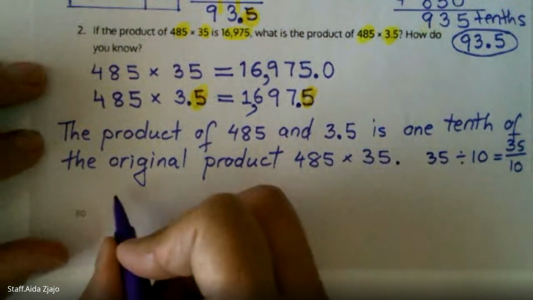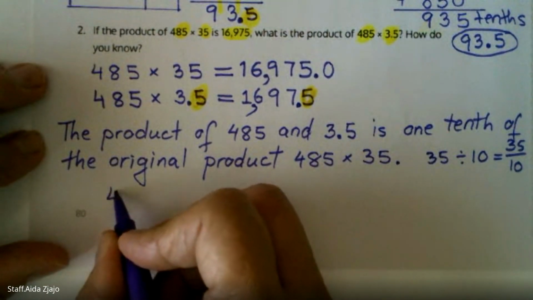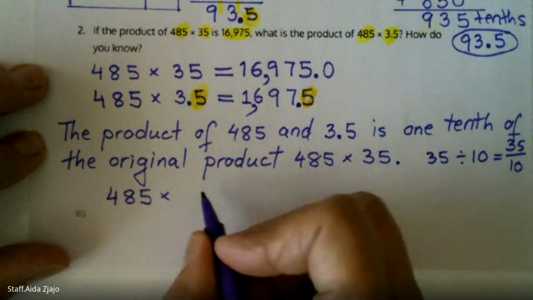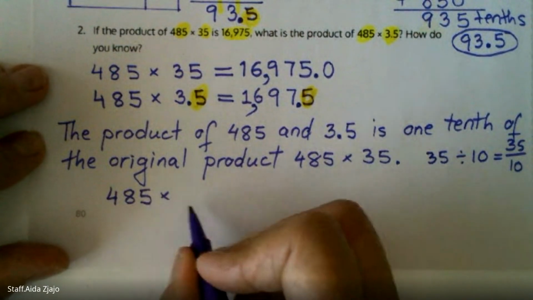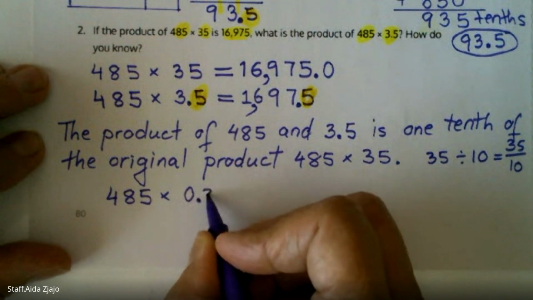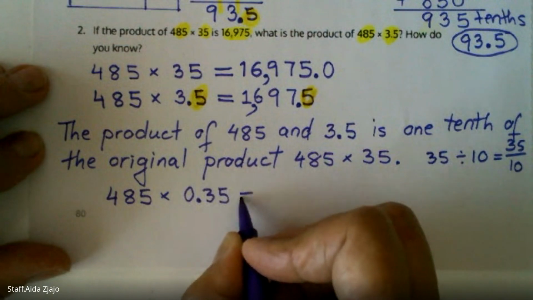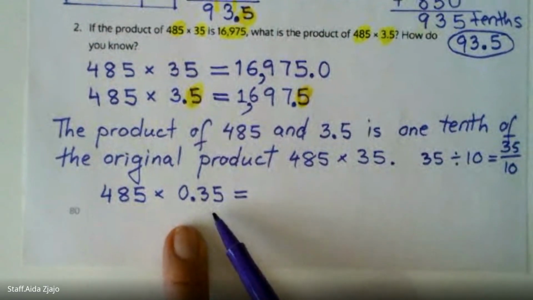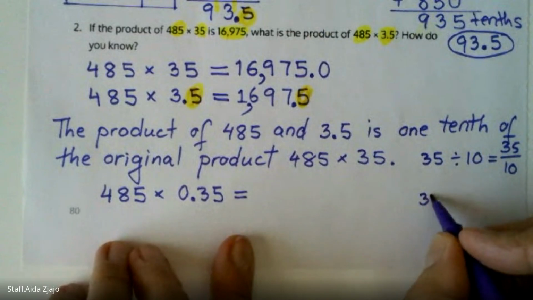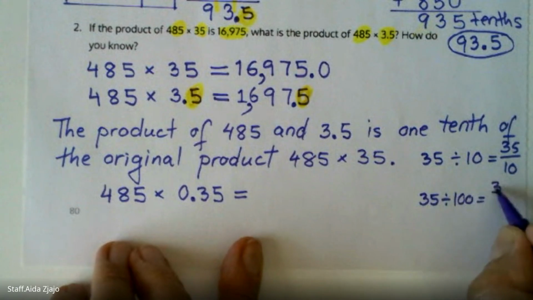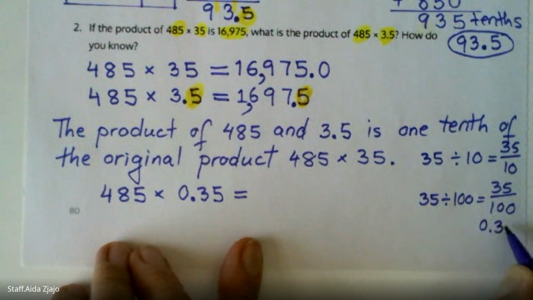Let's see what we will do if we have the same, but now the decimal will be in a different position. I'm going to do one more sample. What if I need 485 times 0.35? Now you have hundredths, so this 35 gets 100 times smaller. It will be 35 divided by 100, which will be 35 hundredths, which will be 0.35.